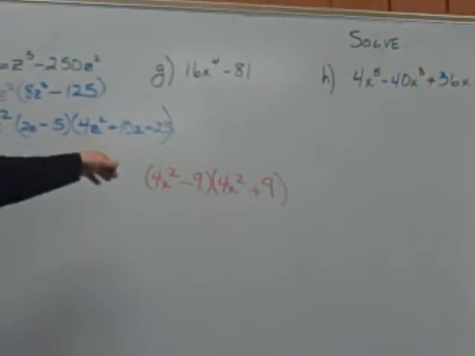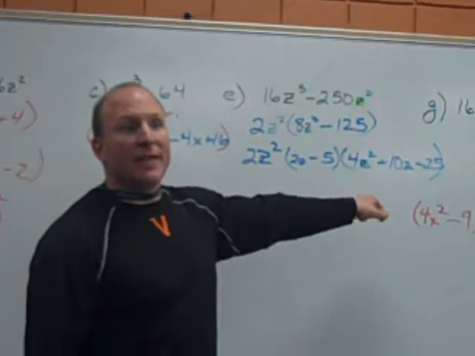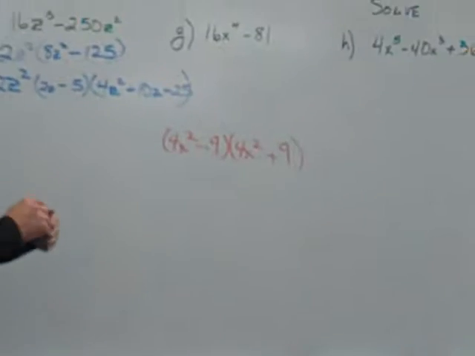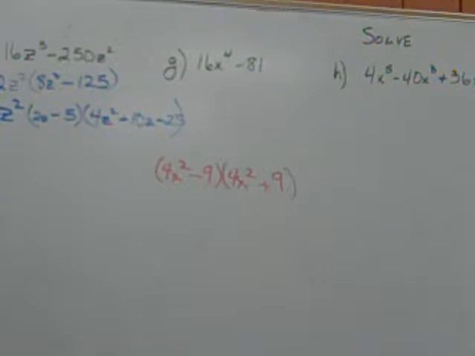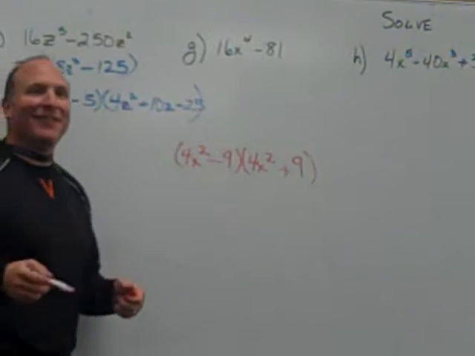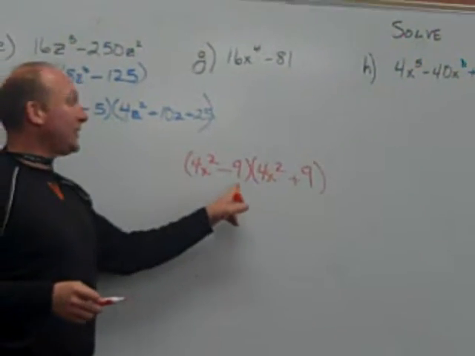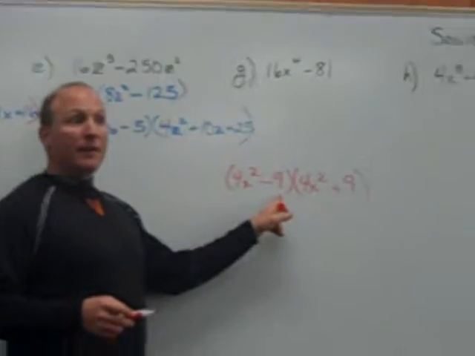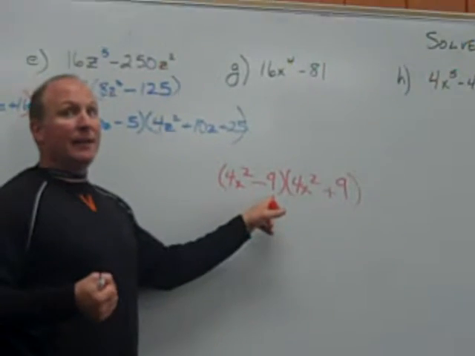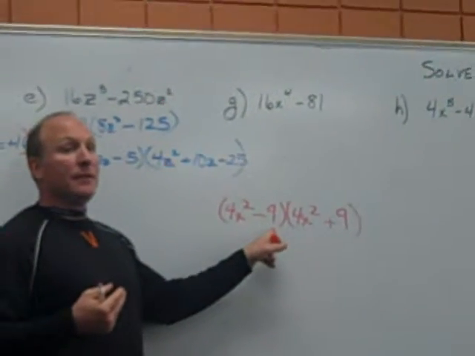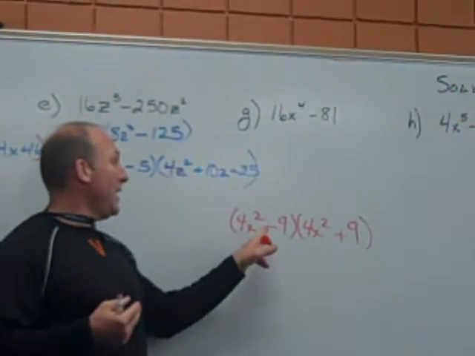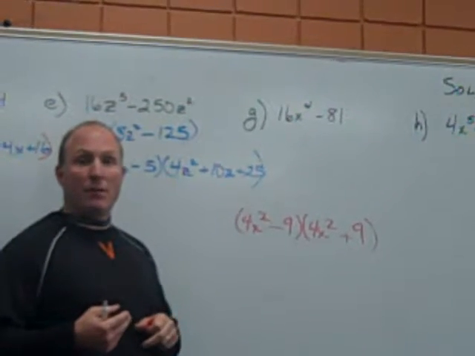Now, here's the curveball. Is this factored completely? Yes or no? It is not. That's why I asked. This is 2 terms, isn't it? So what do we have to check for again? Is it a difference of 2 squares? Yes or no?